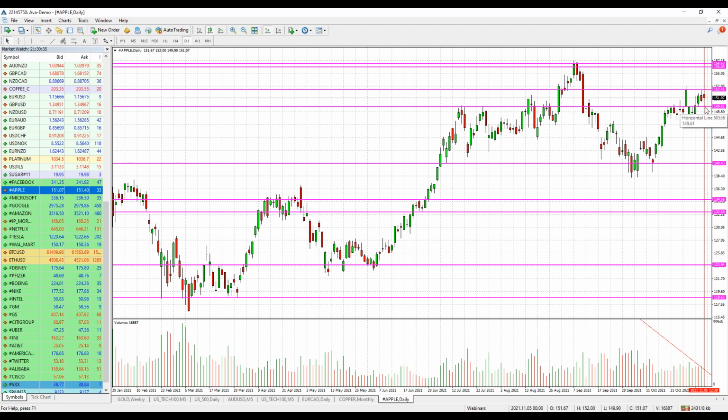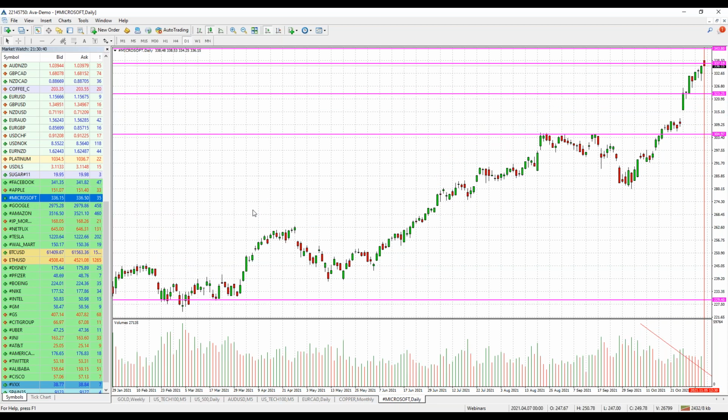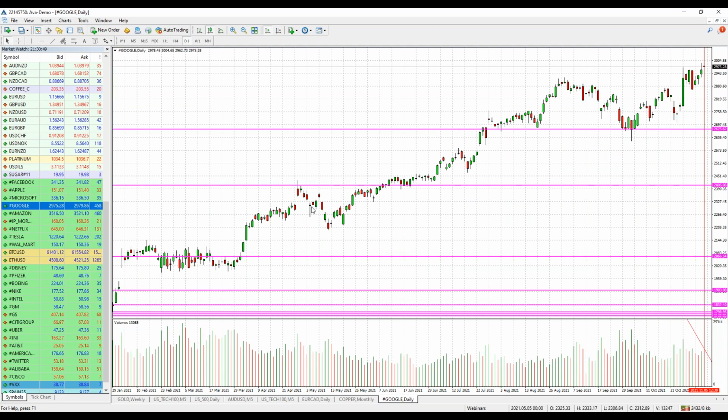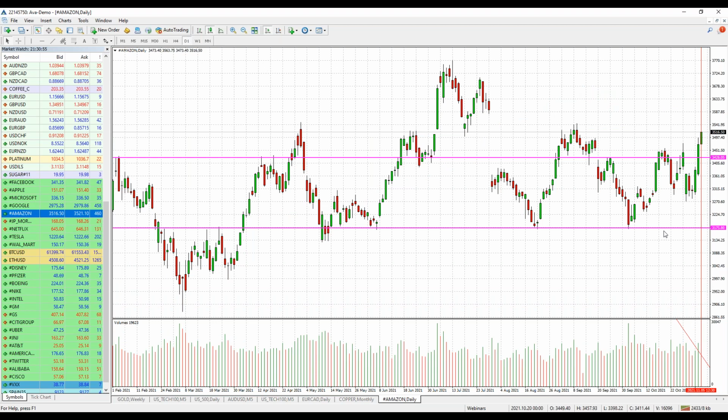It can go below 150 again, maybe retest the lower levels here. Microsoft, on the other hand, is making new highs, but on Friday, it actually closed lower than the opening. Google stays at the all-time highs. Amazon follows Apple also, and it had a nice recovery here.